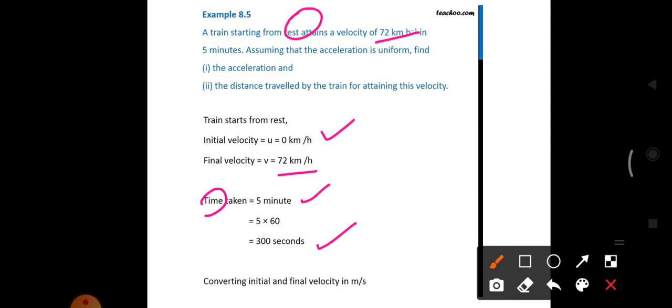And also you know that the SI unit of velocity is meter per second, but they given kilometer per hour. So you have to convert the kilometer per hour into meter per second.